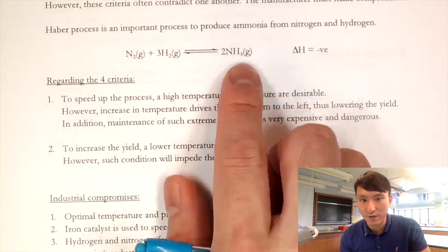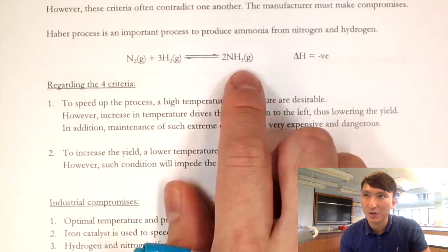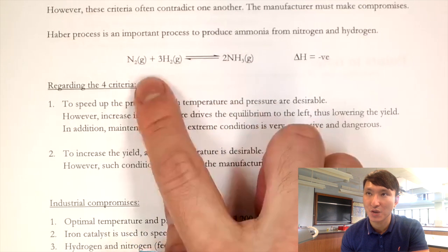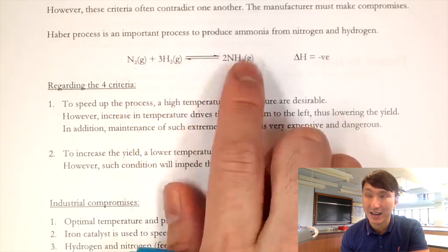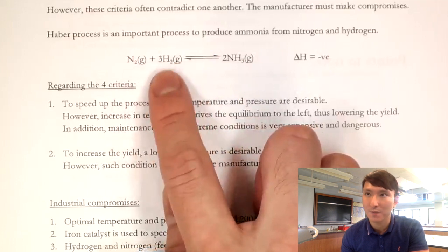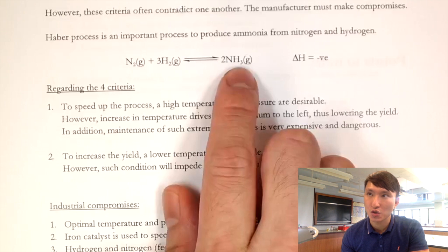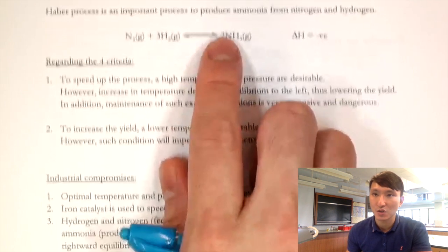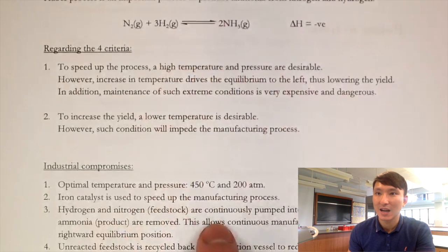But how do you remove ammonia? Now you need to know that ammonia has a much higher boiling point than the two other gases, because it has hydrogen bonds between molecules, whereas these two only have weak van der Waals forces. So it is easier to turn it back to liquid and therefore remove it from the system. Okay? So this is how they actually do it.